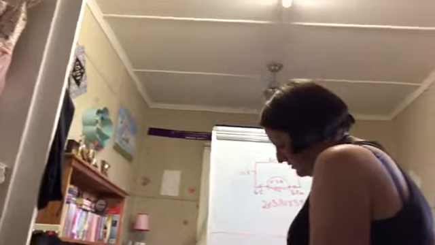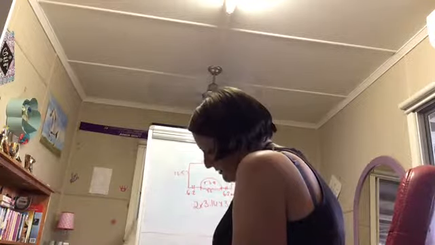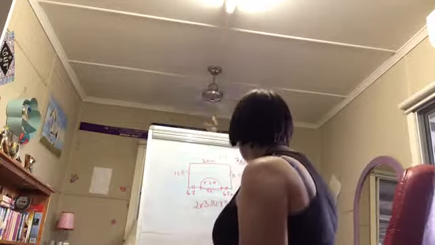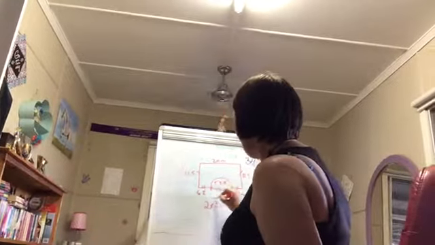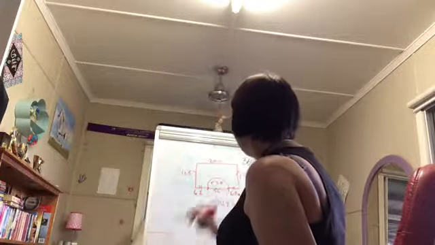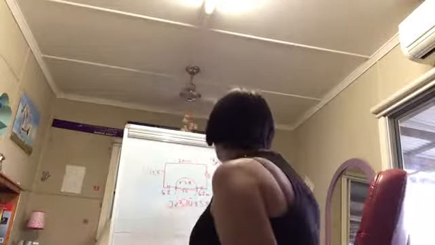Alright, so 2 by 3.14 by 3.8 is 23.86. Now, that would give me that if that was a whole complete circle, but it's not. It's only half a circle, so I have to divide it by 2.